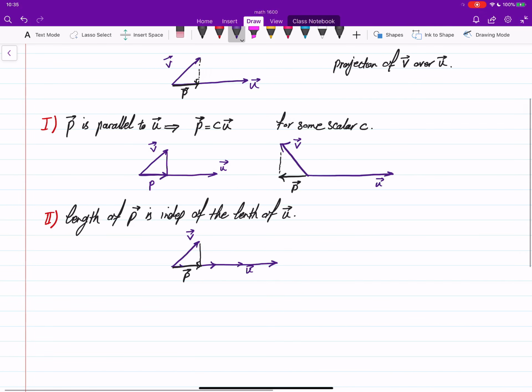Even if it is like that, it doesn't change. What matters is not the length of u. Vectors have two things; if it doesn't depend on the length, it will depend on the direction. So p depends on the direction.